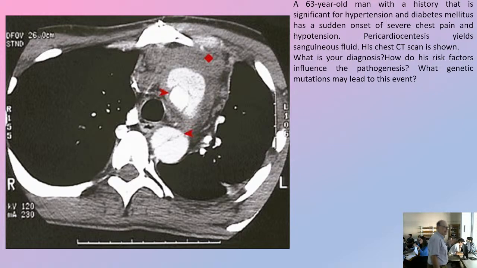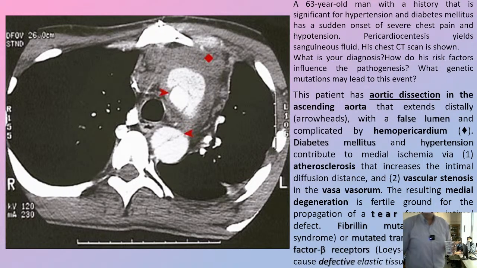So what is this? Have a look at the blood here. And where did this blood go? It's quite similar to a dissected aneurysm, where the blood goes to a false lumen, and so it is lost. It cannot go to the periphery. And this is a cause of death if not treated immediately.